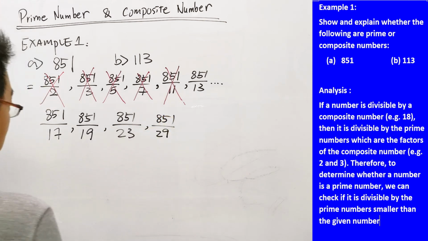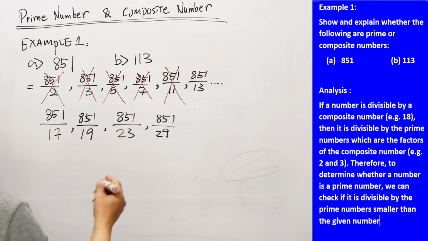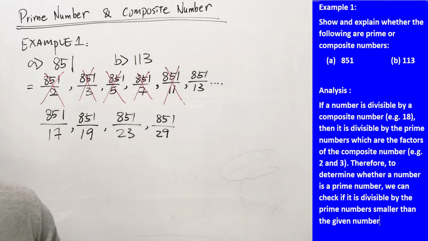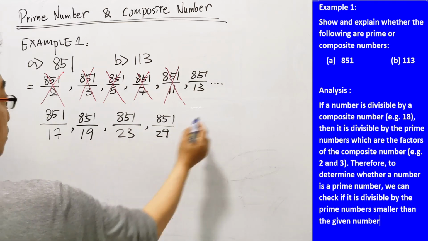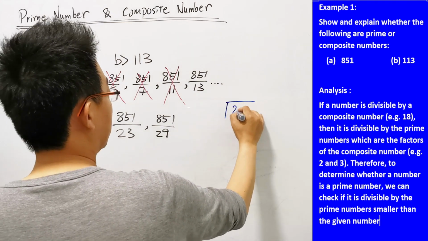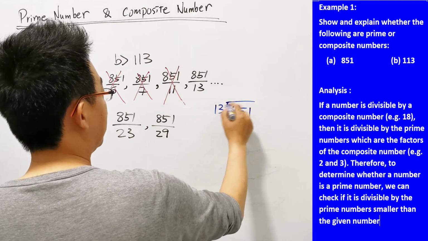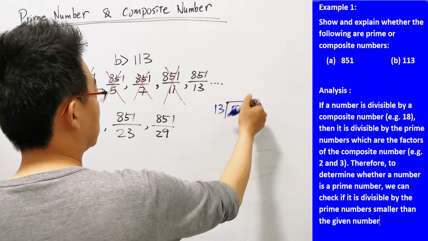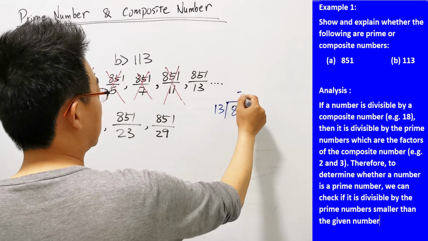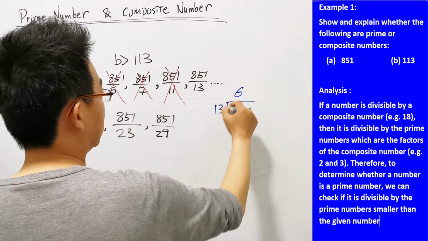Okay, let's try this one. So we have 451 divided by 13. In this case, how much do we get? Let's put 7. No, not 7. We put 6, right?